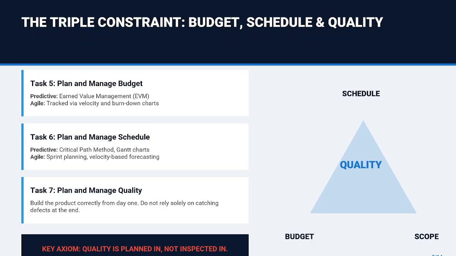For task 7, planning and managing quality, remember this axiom from PMI: Quality is planned in, not inspected in. The exam will penalize answers that rely solely on catching defects at the end. Your process must ensure the team builds the product correctly from the start.